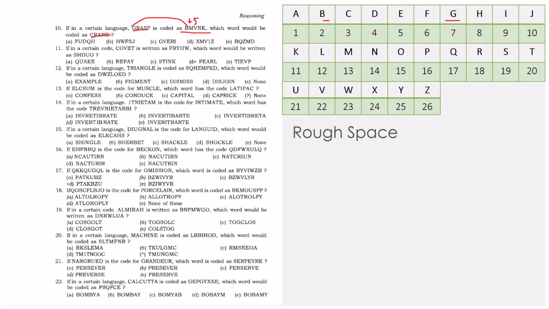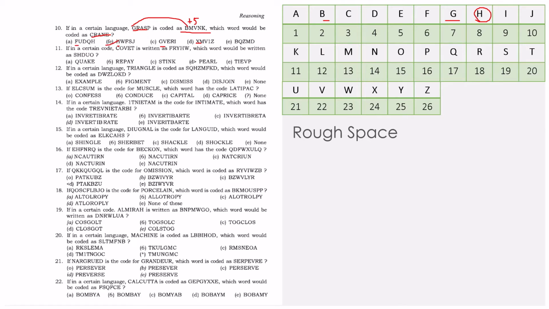So take C and add 5, because all the starting letters here are unique, so you can get one option very quickly. If you add 5 to C, 1, 2, 3, 4, 5, the starting letter will be H, and H is the answer.